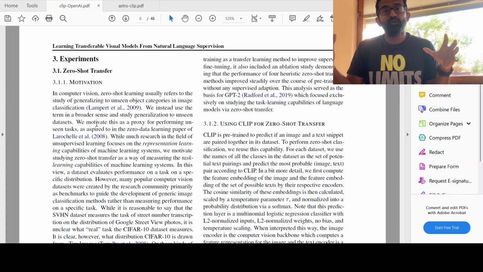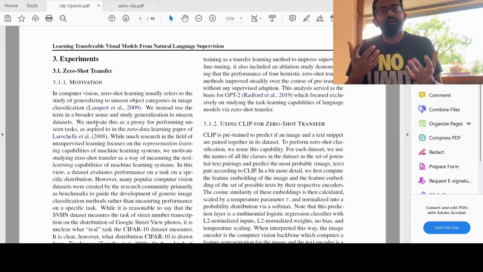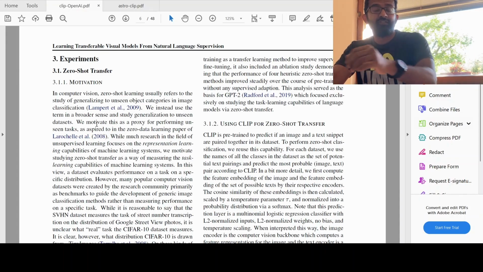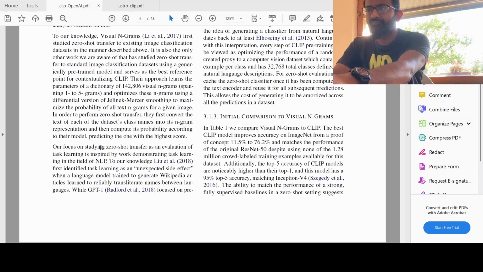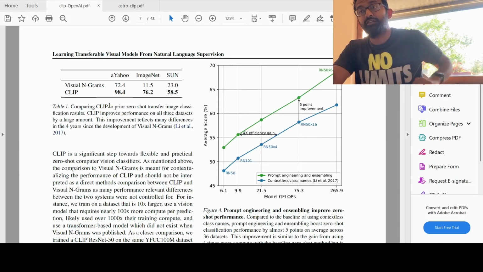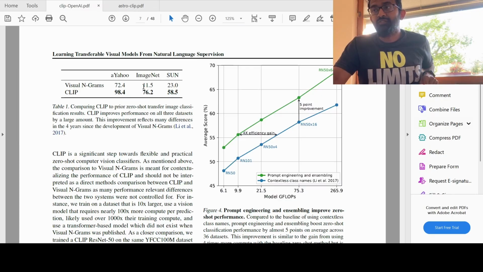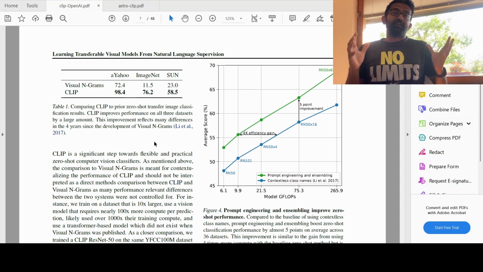In the case of zero-shot, there is no fine-tuning. You just pass the data and the model is somehow able to do the task, and in this case it's classification. They show some extremely cool results on the ImageNet dataset compared to other models like Visual N-Gram, etc. So that's essentially the idea of CLIP.